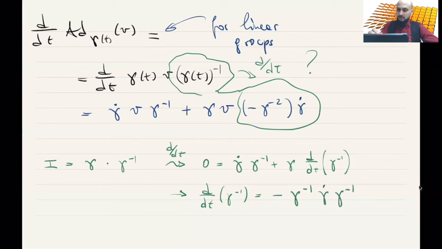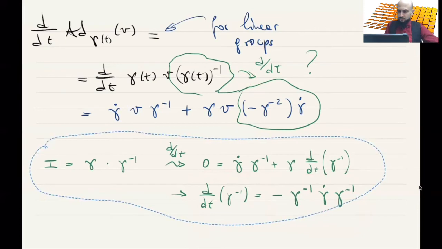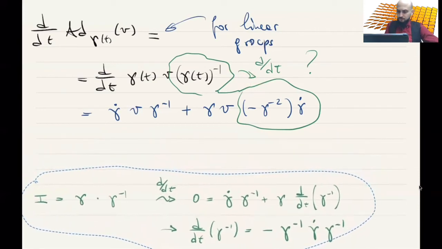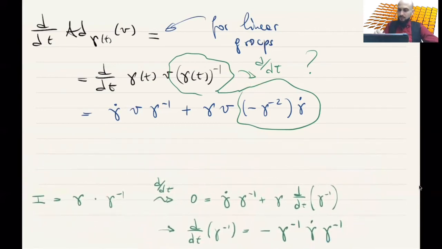And this is the correct formula from this, okay? So let's move it a little bit. So now this is wrong. This is wrong. Let's fix it.